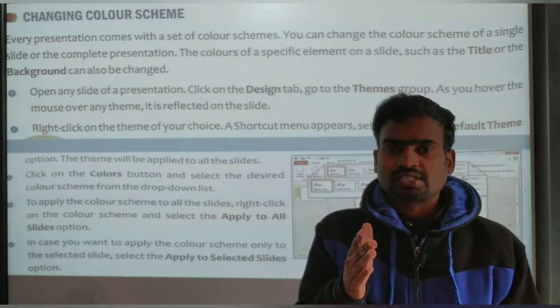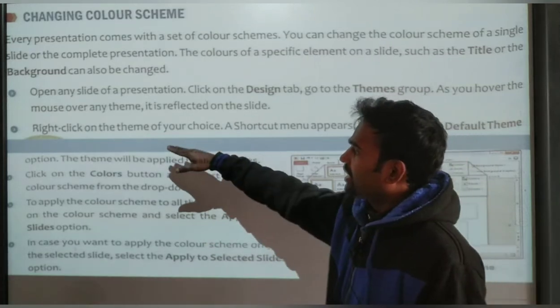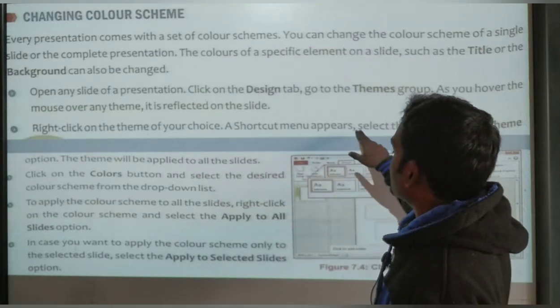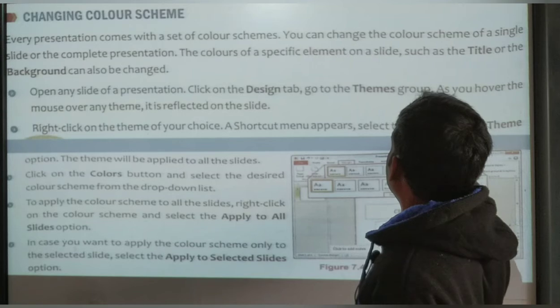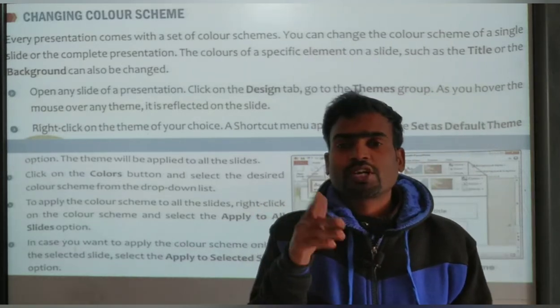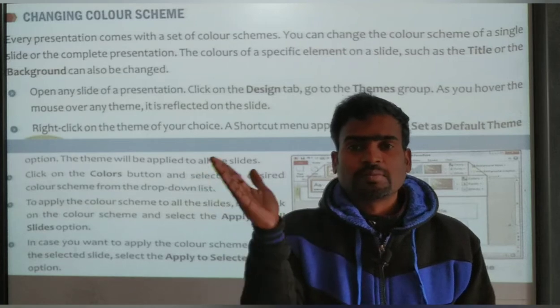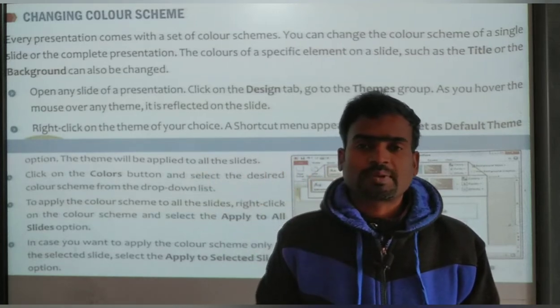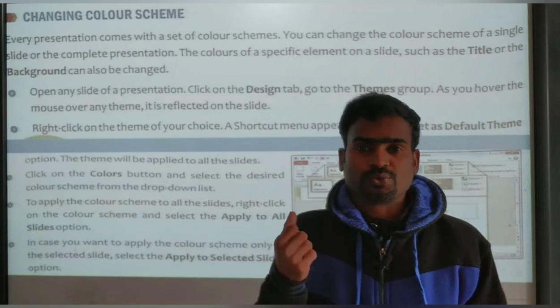Then if you want to change it, right click on the theme of your choice. A shortcut menu appears. Select set as default theme. If you set it as the default theme, whenever you open a PowerPoint presentation, that will be there in front. So that will be the default theme for all your presentations if you begin a new one.